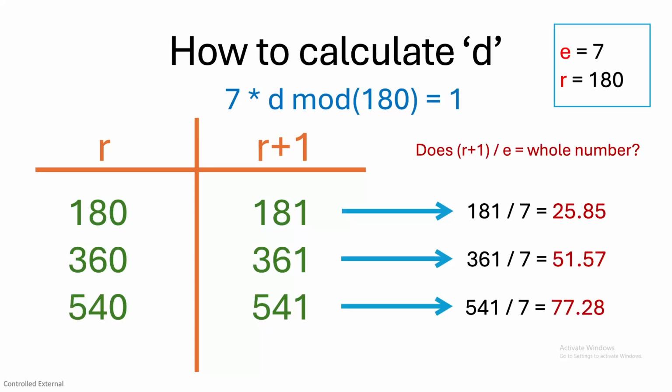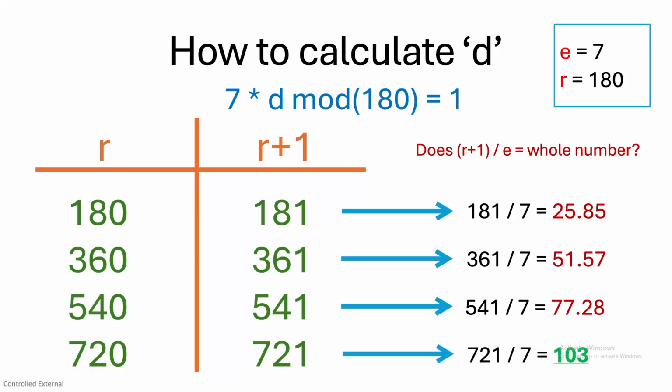Then we do that figure divided by E again, still not a whole number, so we keep going. And now we get 720. 721 divided by 7 equals 103. So in this case we do have a whole number, 103, that's our D value. And again, plug 103 into the algorithm that we got above with our existing figures, and it will equal 1 to satisfy the equation.